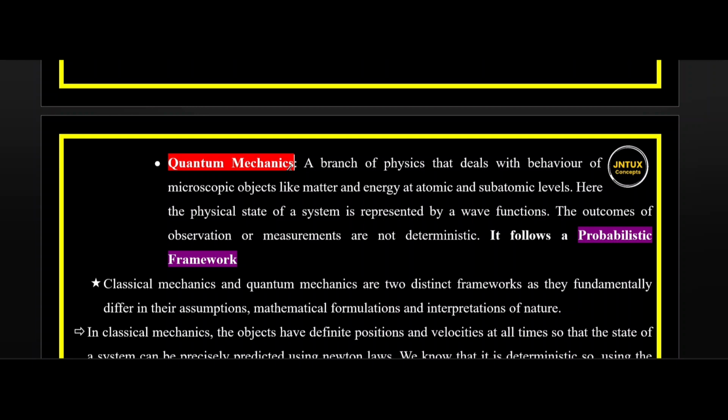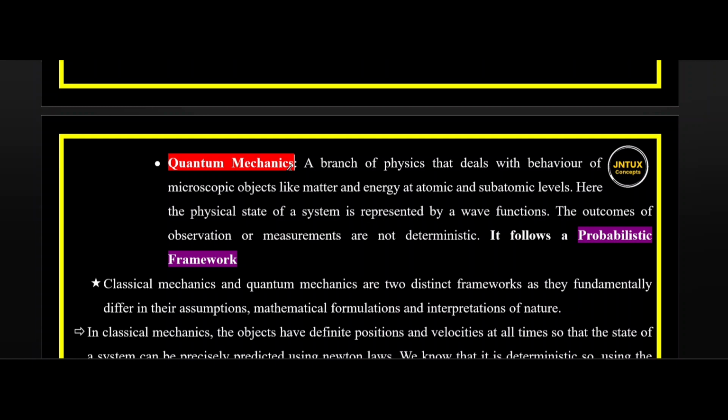So, as we have read the definition, classical mechanics is a deterministic framework. That means the outcomes are definite. Whereas coming to quantum mechanics, it follows a different framework, that is a probabilistic framework. Here you cannot have a particular definite outcome.